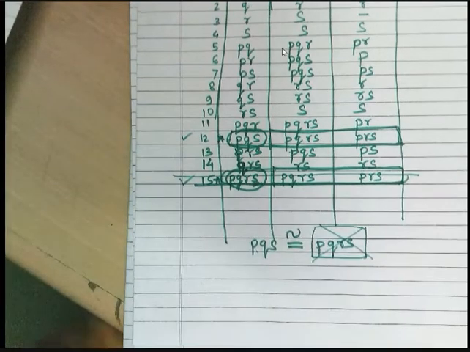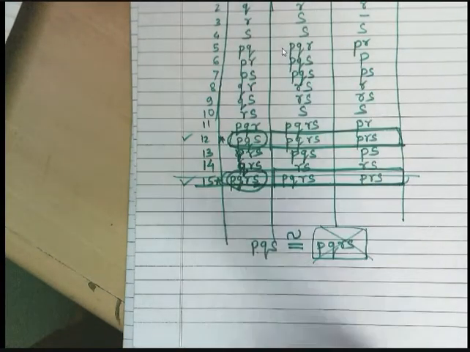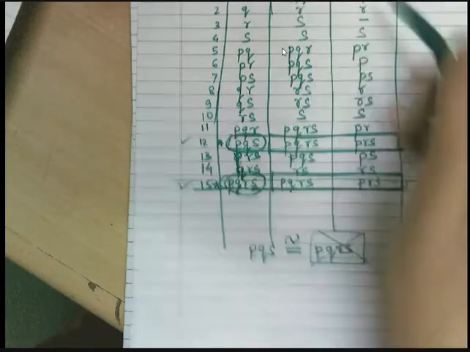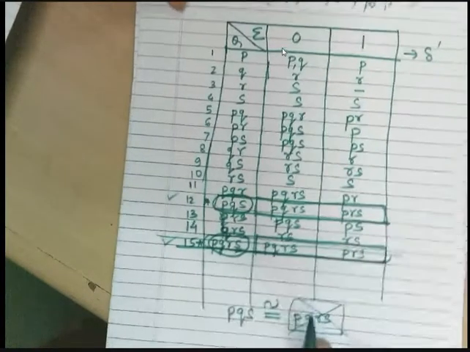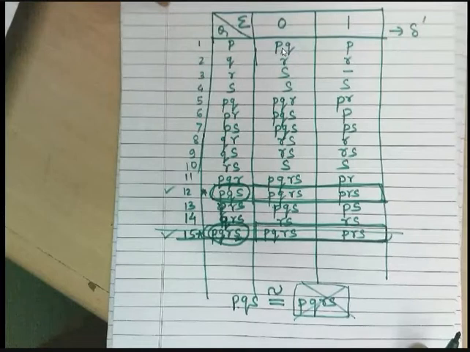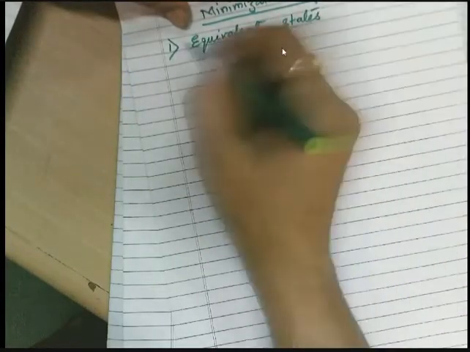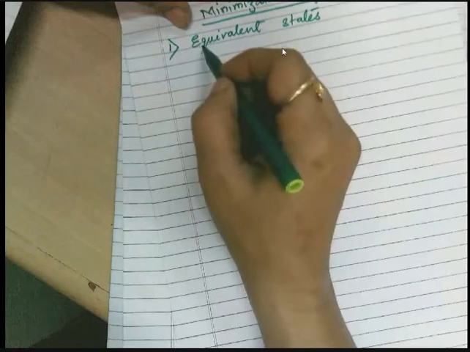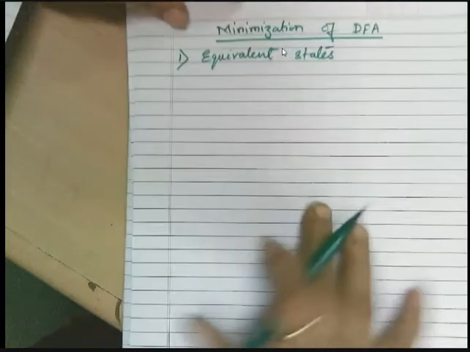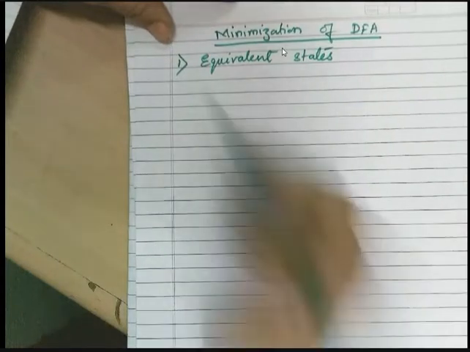Once we remove this state, in the final DFA, instead of 15 states, you have only 14 states. Likewise, we have to check for each and every state whether any kind of equivalence exists among the states or not. If it exists, then we have to minimize the number of states. So I hope the concept is clear. Very first in minimization, we find out the equivalent states and we minimize them.